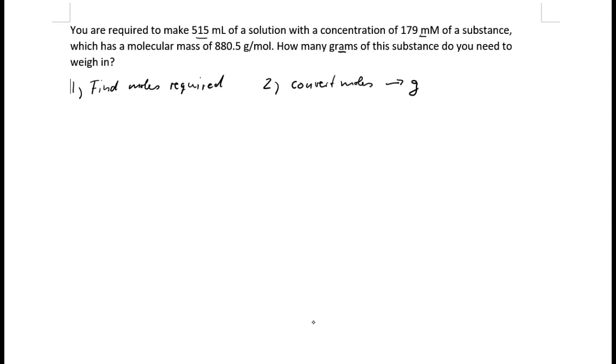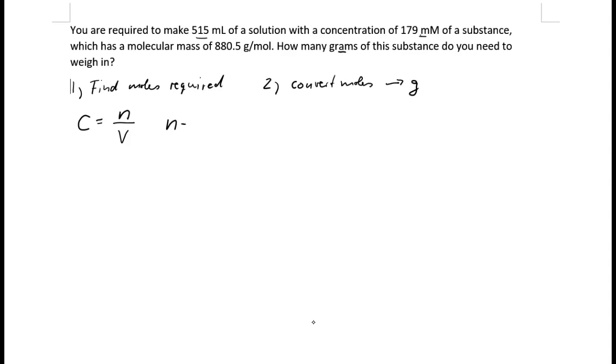So with the first step, we want to find out the moles that we need in this solution, and we can write our typical equation. The concentration equals the number of moles divided by the volume that we have, and we can easily rearrange this equation and make n, the number of moles, the subject.